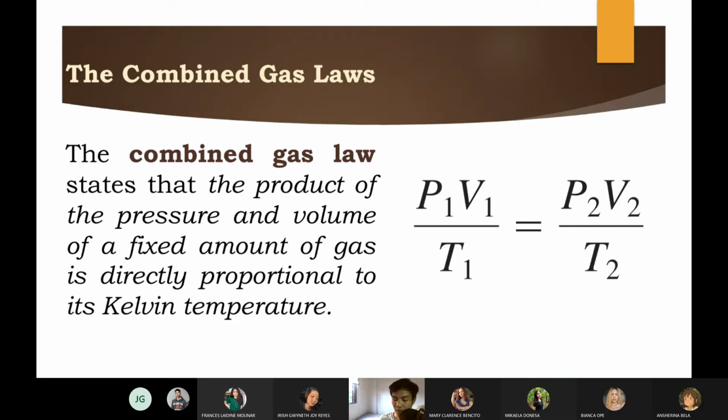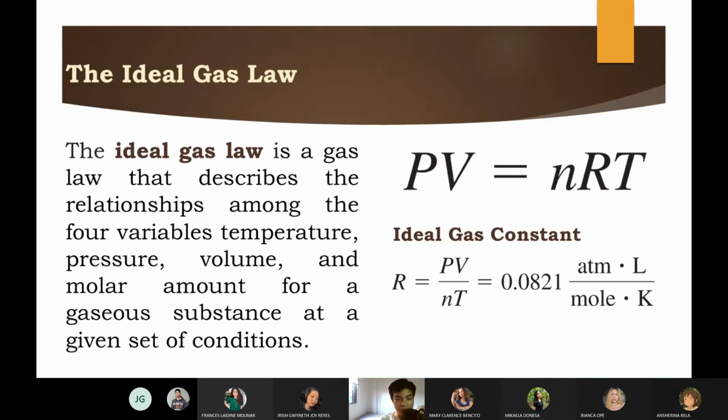Okay. And also, if we include the Avogadro's law, makukuha naman natin yung ideal gas law. Okay. So sa ideal gas law, we have the relationships of pressure, volume, moles, and temperature. So ito na yung pinaka-final form ng ating gas law. Okay. So kumbaga, pinagsama-sama na dito yung Boyle's, Charles, Gay-Lussac, pati yung Avogadro's law. So by including the moles of the gases.